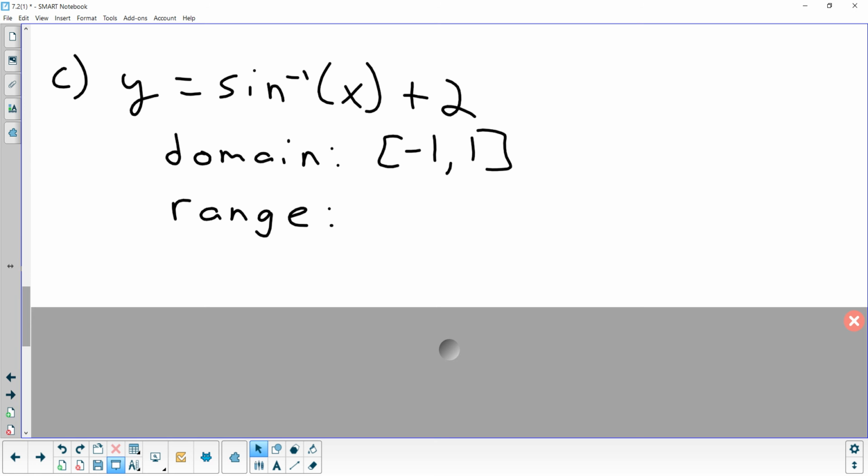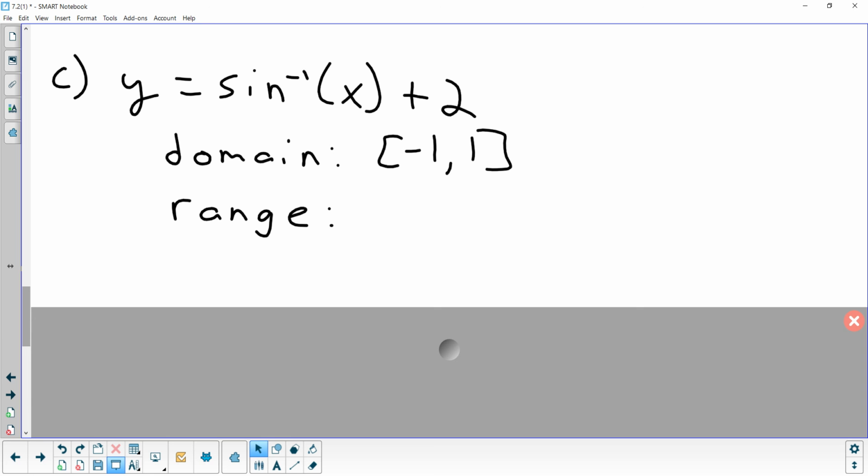Casey, what's my range for inverse sine? Negative pi over 2 to pi over 2, and you're shifting it up 2. Yeah, it's not really a nice way to write this answer.